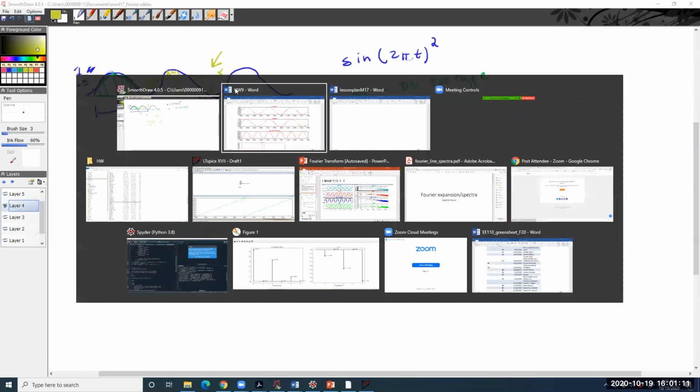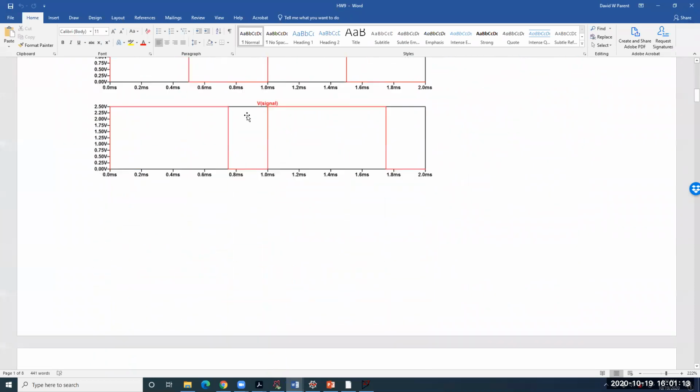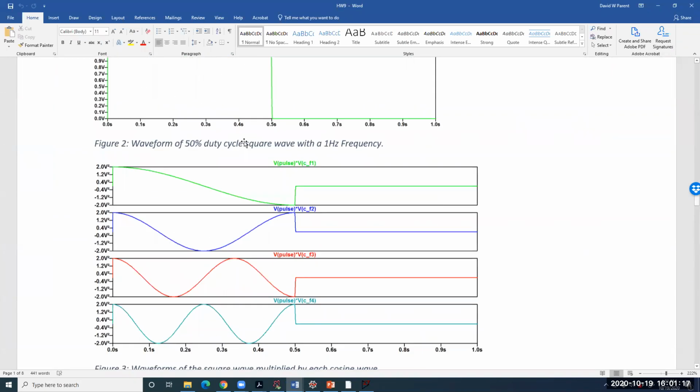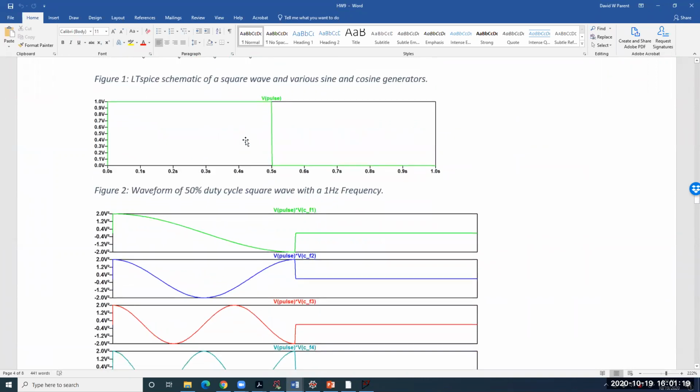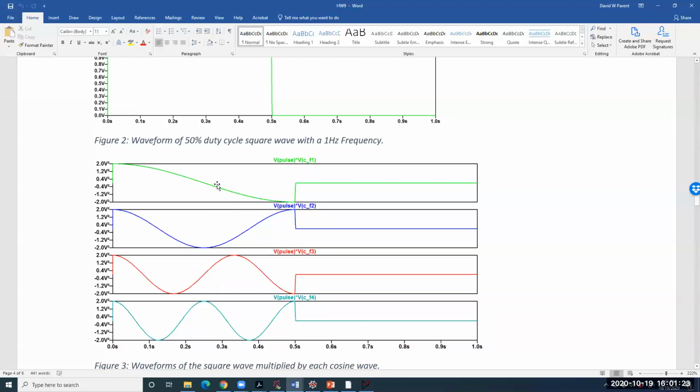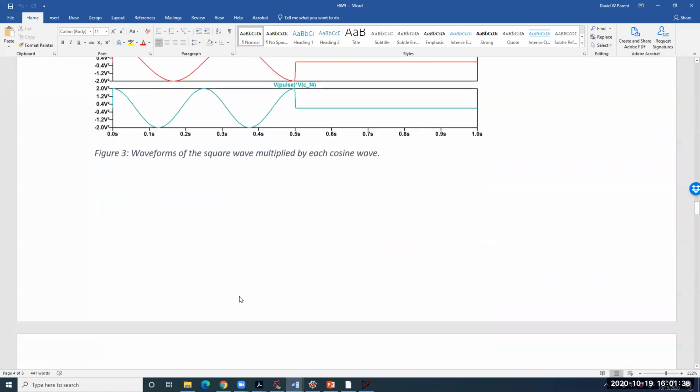Now, what I'm saying to do here is that's the original signal, but this is the signal that's multiplied by a cosine at frequency 1. This is it multiplied by the cosine at frequency 2, cosine frequency 3, cosine frequency 4.